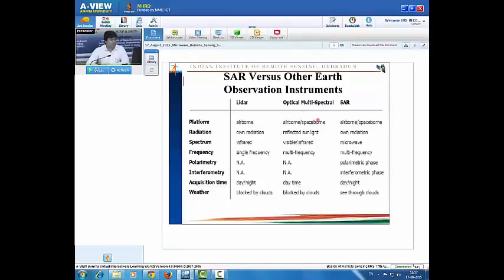But to overcome the limitations of multispectral for night vision capability, and to take advantage of polarimetry and interferometry, and information at the time of cloud season or for the tropical region, one may be interested to use SAR remote sensing.